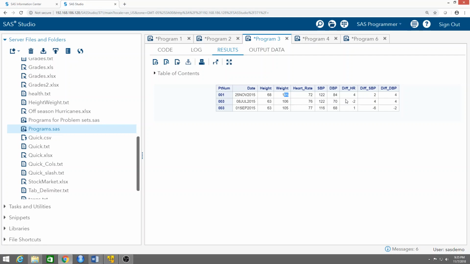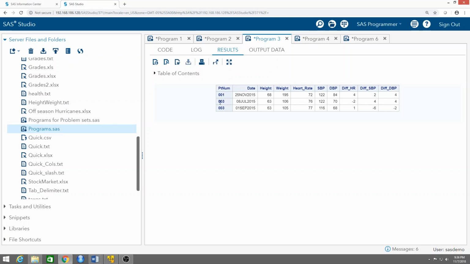Everything for the second visit. Now, the variables that we created: difference of heart rate, 4. That means that heart rate has increased by 4 from the first visit. Same thing for difference in SBP, it increased by 2, DBP increased by 4.